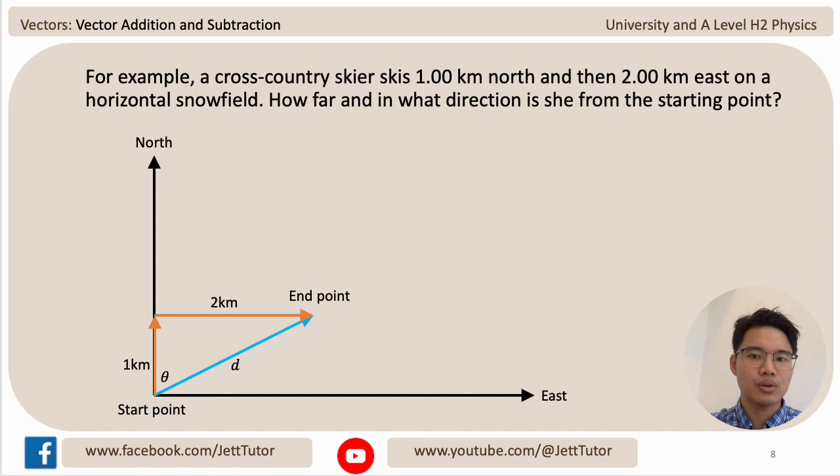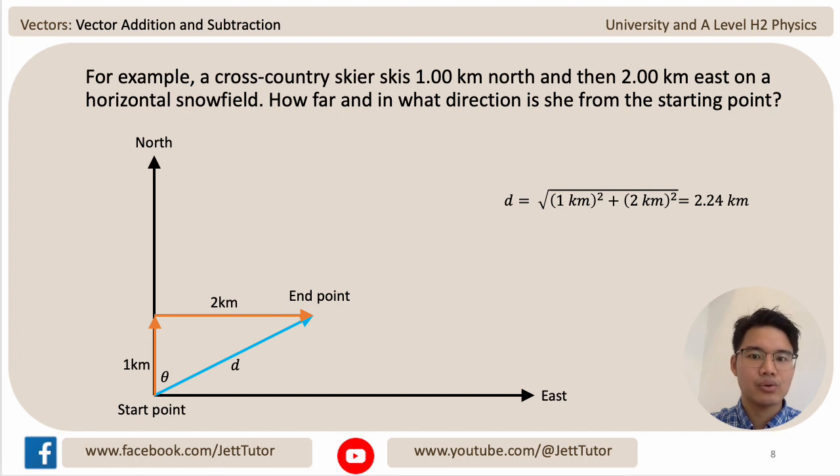What is the magnitude of the resultant vector? We can use the Pythagorean theorem to find the distance of the resultant vector, which is the square root of 1 kilometer squared plus 2 kilometers squared, and that is 2.24 kilometers.